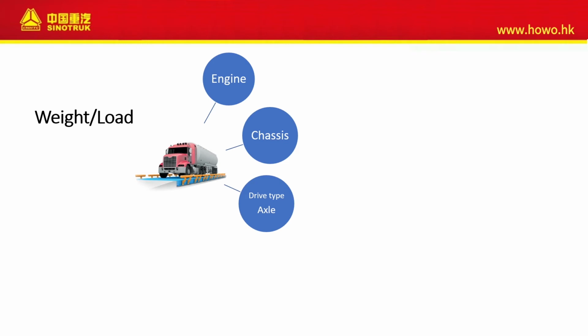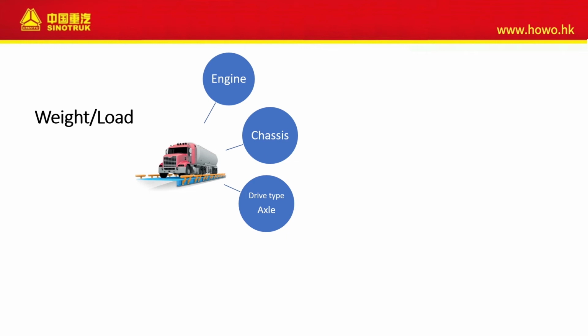For example, if you want to transport heavy goods, in our case stone in the dump truck, then you need a high power engine. Of course, I will not really go into details of the horsepower of the engine, but you have to consider a high horsepower engine.